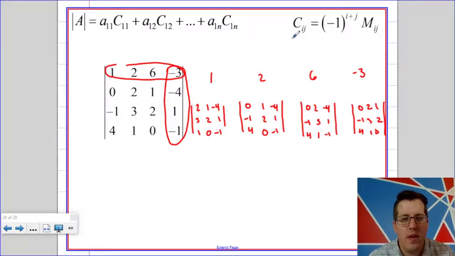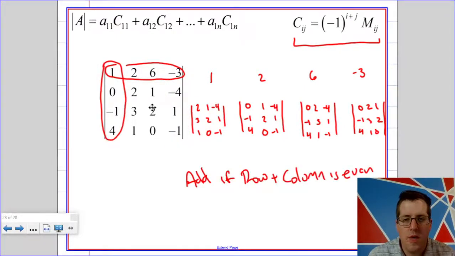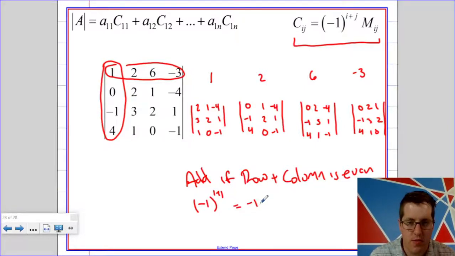Now, what this says right here is that you are going to add if the row and column add to an even number. So for the example of 1, that is the first row, first column, so -1 to the first row plus first column is -1 squared, which is +1. So +1 means add.